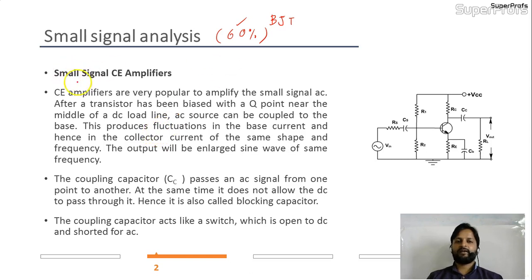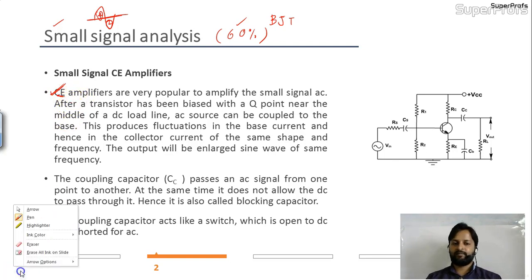Basically we are using all this biasing and this circuit to amplify small signals. Small signals will be AC only, very small signals. We have to amplify them, and as we discussed earlier, we'll use the common emitter amplifier. Why? Because the power gain of the common emitter amplifier is very high. We have seen just now.